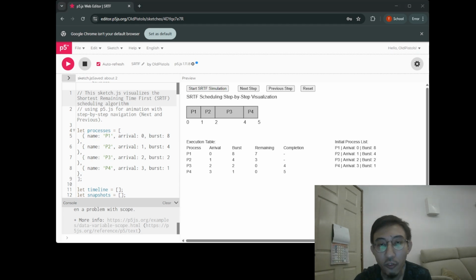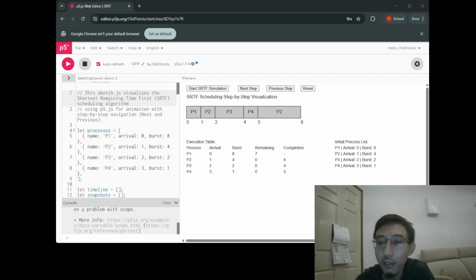Okay, at time 5, between P1 and P2, P2 has a shorter remaining time of 3. So the CPU resumes P2 until it finishes at time 8. So only P1 is left with 7 units of time remaining.